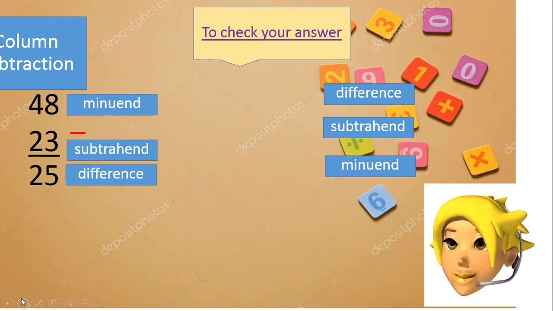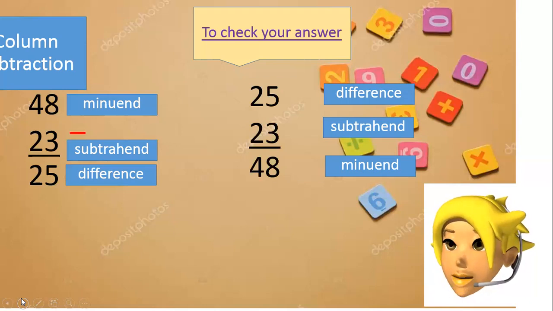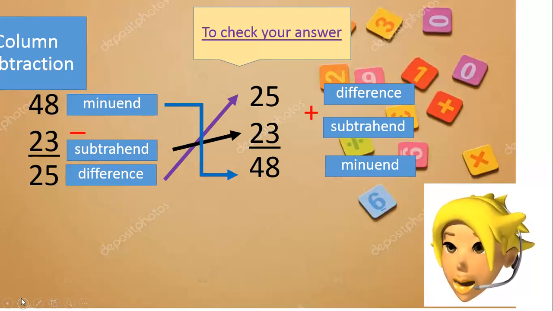To check our answer, we have this pattern: difference plus subtrahend equals minuend. Our difference is 25. We're going to add our subtrahend, which is 23. It gives us the sum of 48, our minuend. Therefore, our answer is correct because 48 as our sum is equal to our minuend.